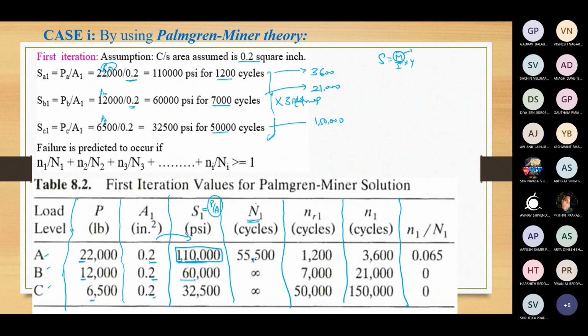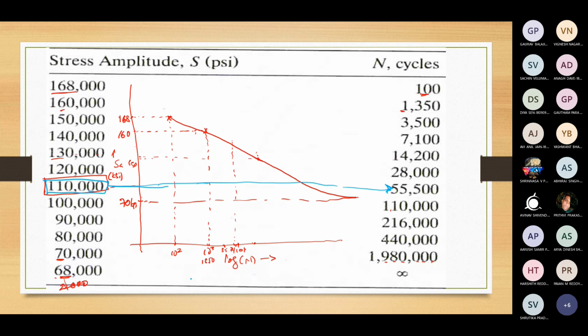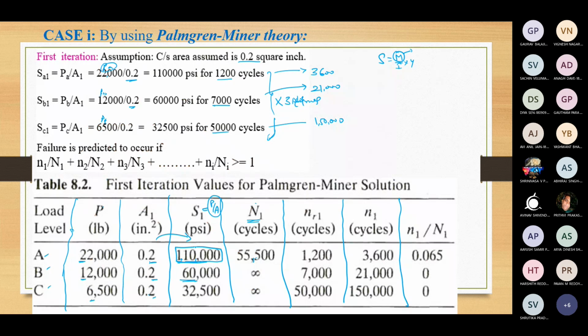Then we are applying 60,000 psi of stress, and you can see it is less than 68,000. If you apply 68,000 psi stress, you are going to get infinite life. Therefore, you have to write infinity.